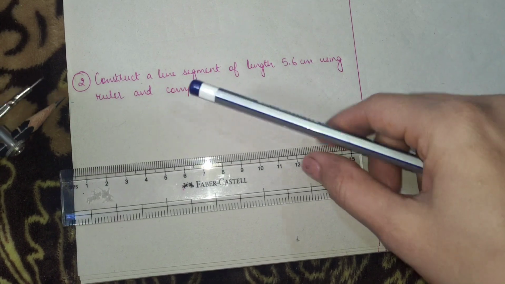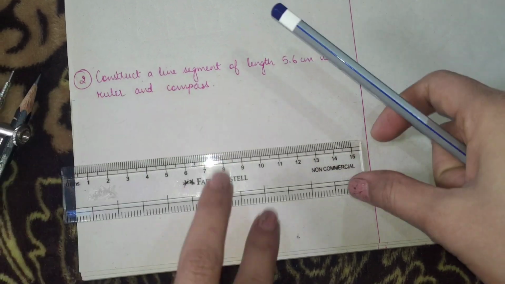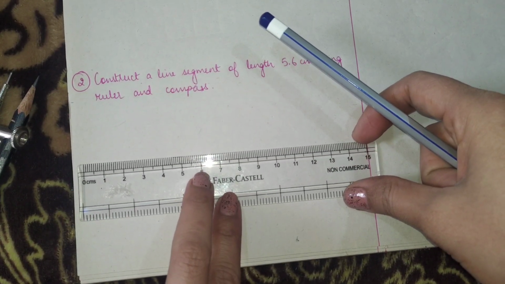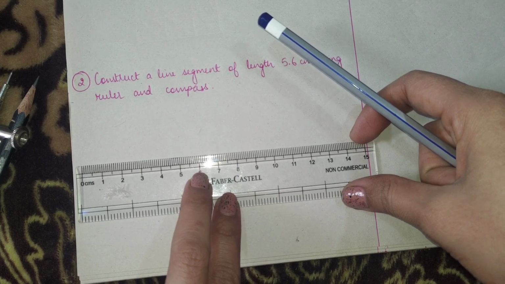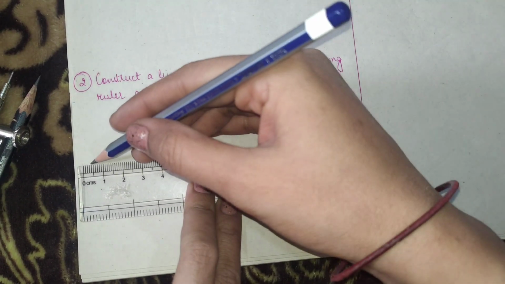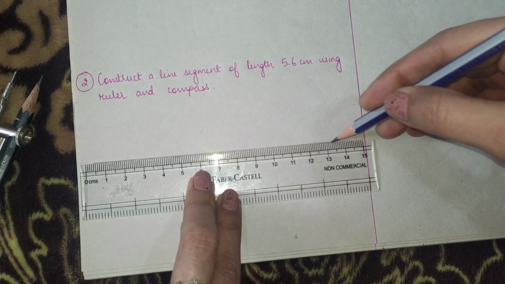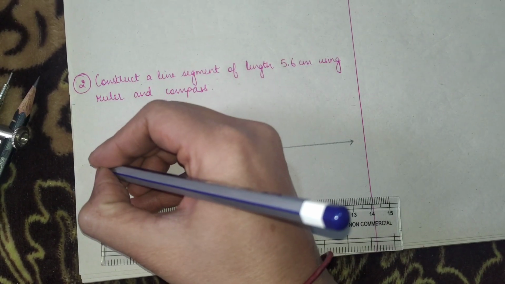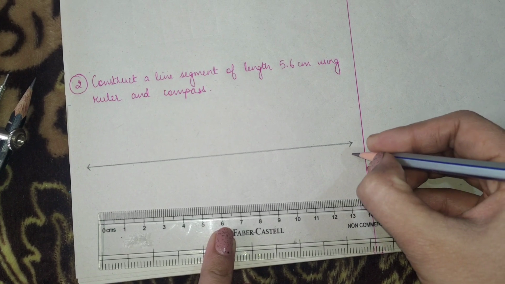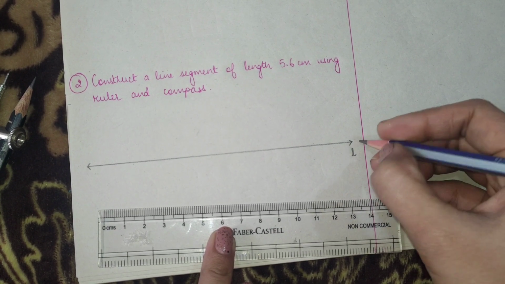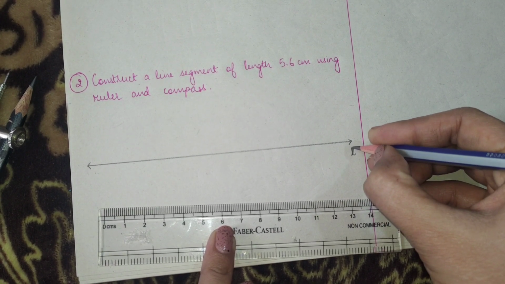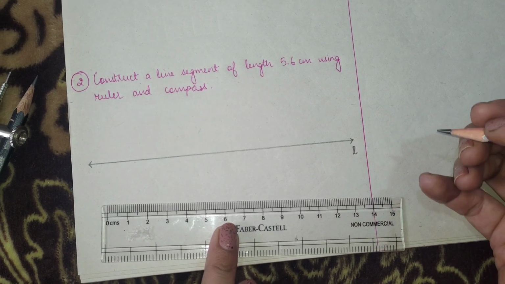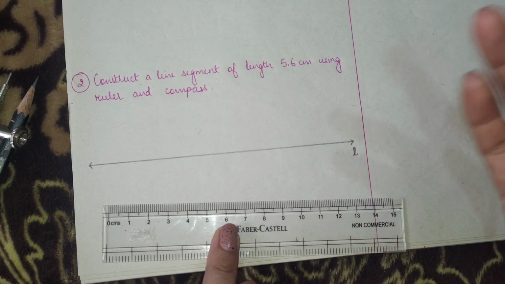Okay, so for constructing a line segment, you need to have one line. So we'll draw a line like this and we'll name it with a small letter of our own choice. I usually take L. You can take small m, small n, small x, y, z, anything you want.